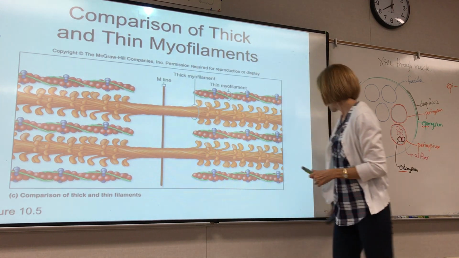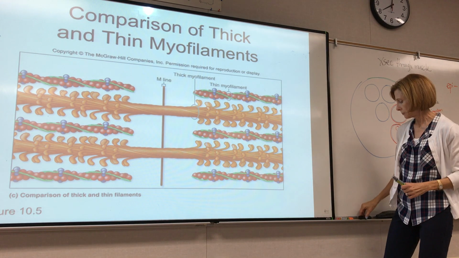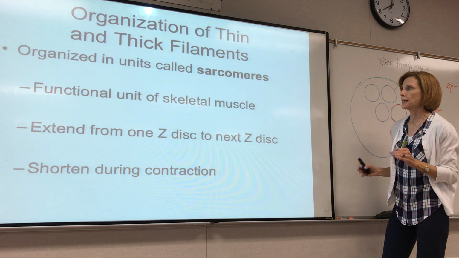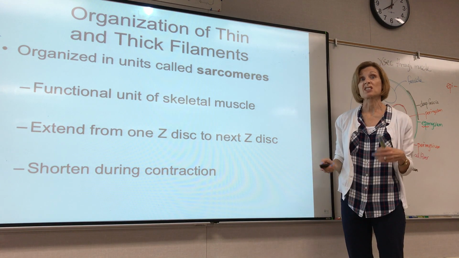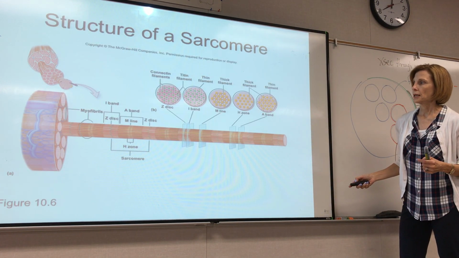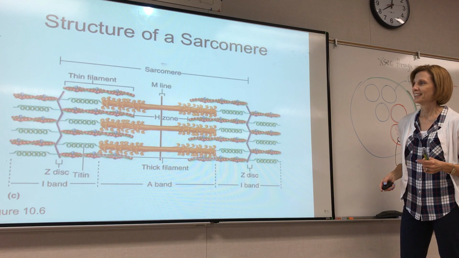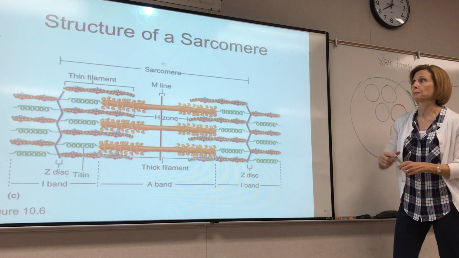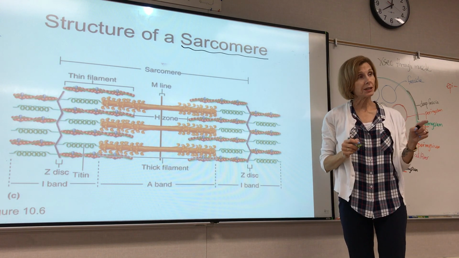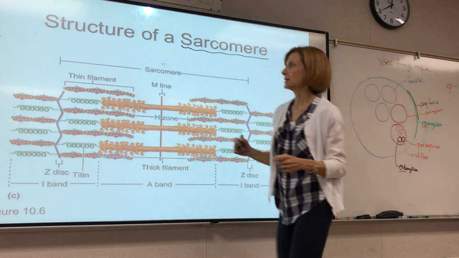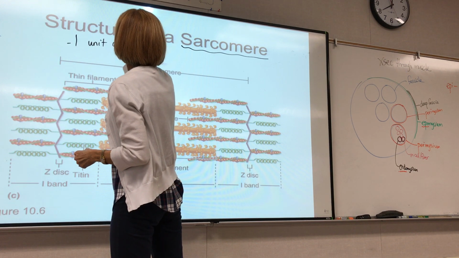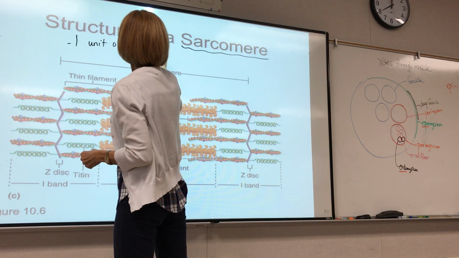Looking at this in a bigger picture, what we're going to take a look at now is something called a sarcomere. We'll talk about all of this and come back to it. This is a sarcomere. The sarcomere is one unit of myofilaments.